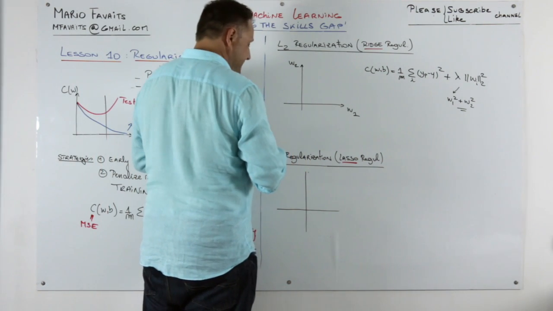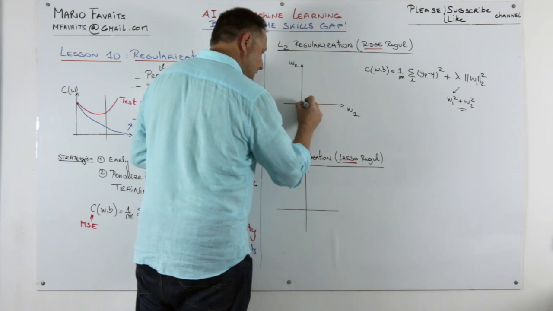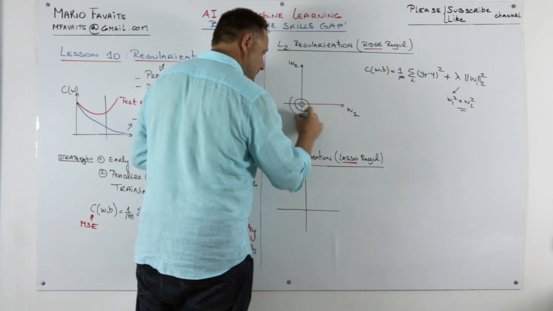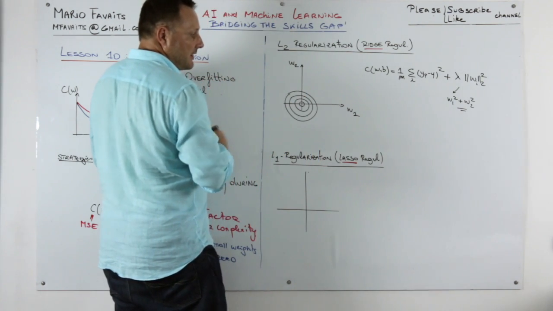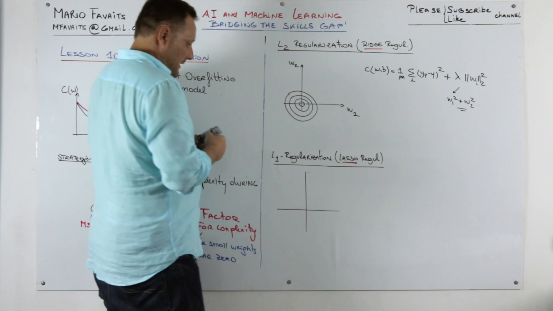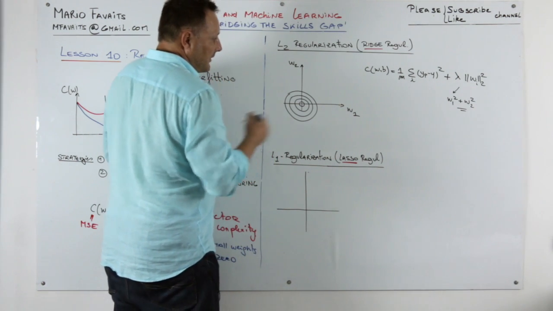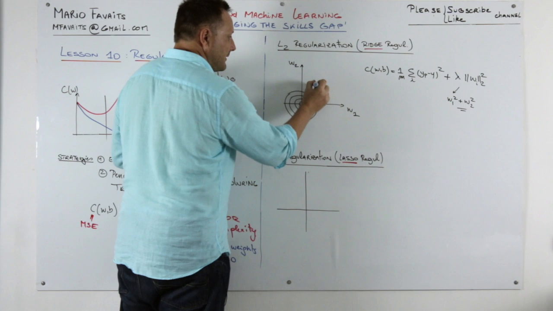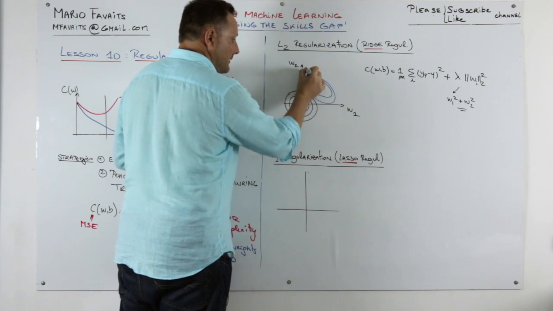So basically this is your regularization term. And remember, we have still our minimization problem. Yeah, these are the contour lines.